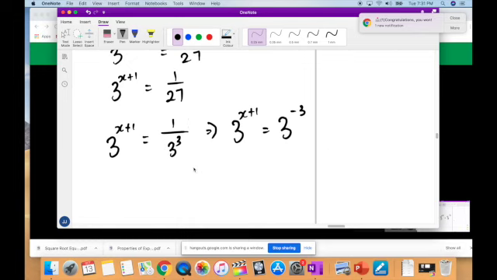I hope I didn't lose you, Caitlin, with that one. Therefore, because these bases are the same, I could say x plus 1 is equal to negative 3. Therefore, x is equal to negative 3 minus 1. X is equal to negative 4.